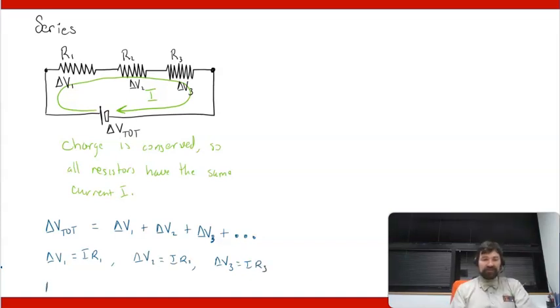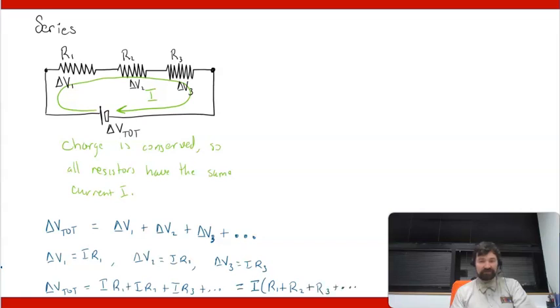That means that my delta V total is equal to I times R1 plus I times R2 plus I times R3, etc. And that in turn means that I can pull an I outside of everything. And so I just have I times a series of R's added together, like so.